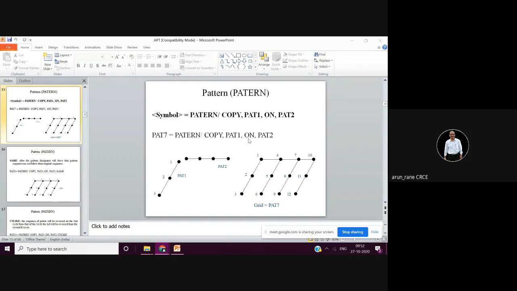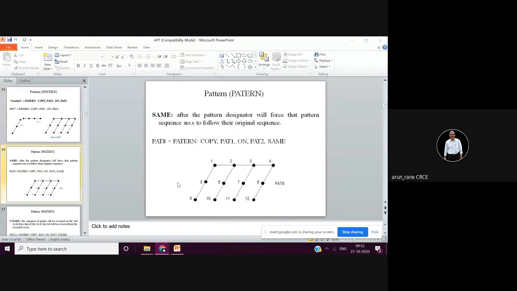We should know this, but we will not learn this because this question will not be asked in the examination. It will simply be based on points by xyz coordinates. That is just sufficient. Again, this is a pattern command.